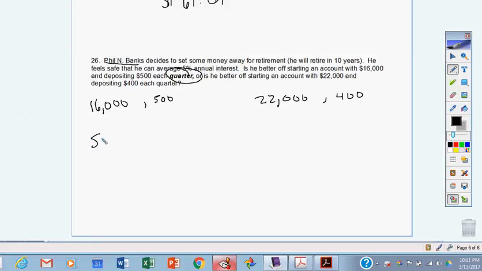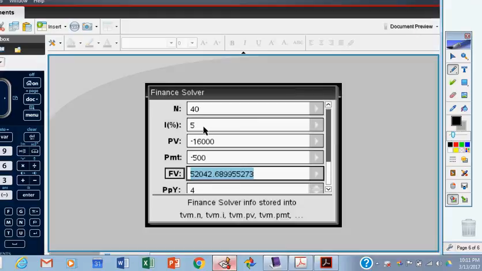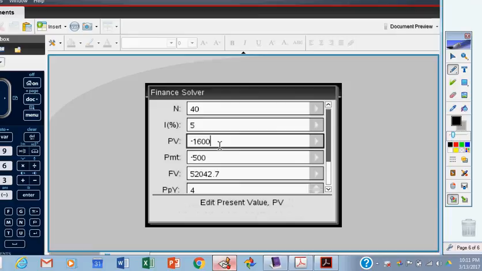Let's go back and try again. Now we have to adjust to 22,000 and 400. That's all we have to do, a little adjustment, and see how it goes. Same amount of time. Now we're putting in 22,000 because we can afford it, but apparently he can't afford as much a month.